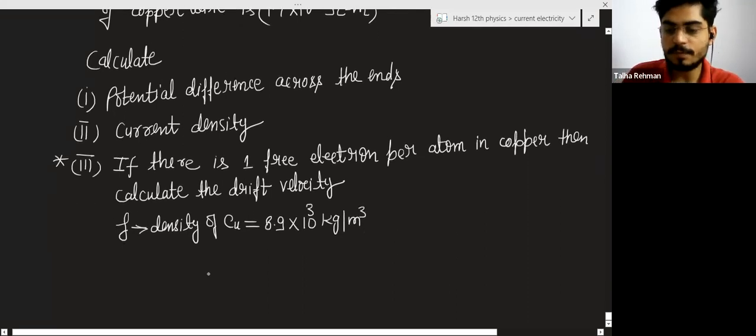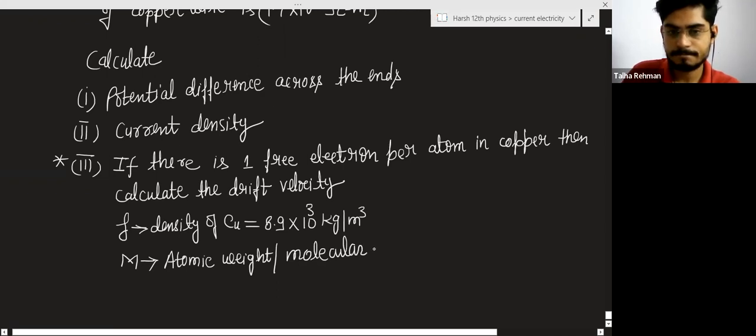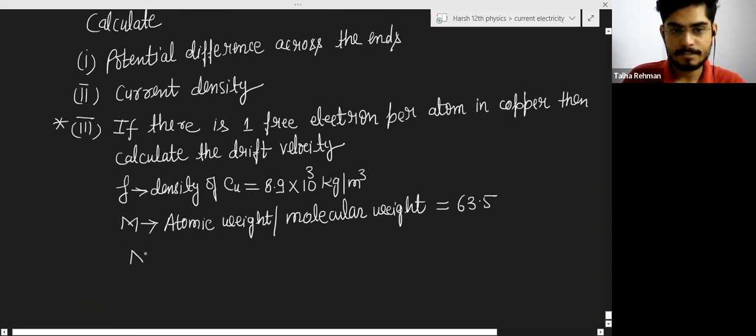And the atomic weight or molecular weight of copper, that is capital M, is given as 63.5, and the total number of atoms in copper, if n is the total number of atoms.